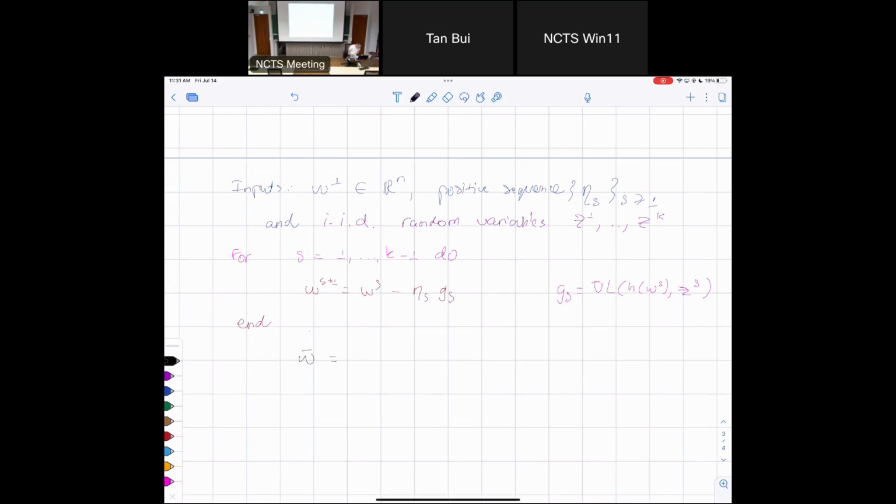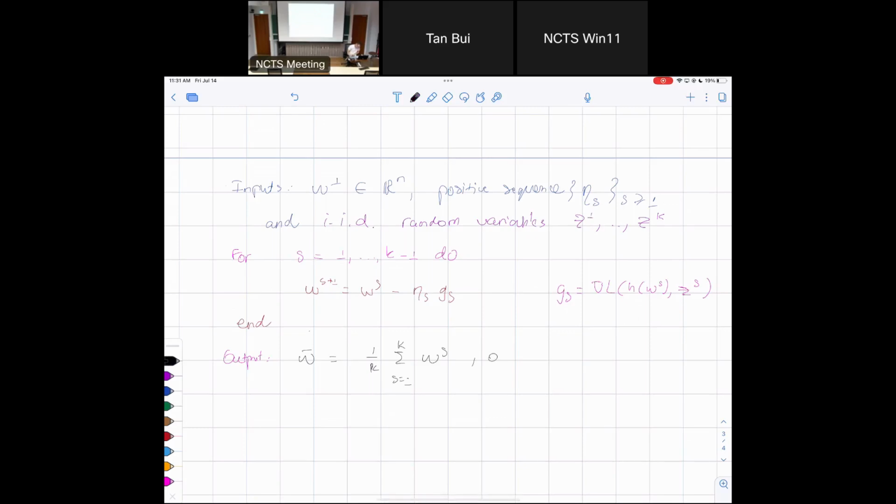This is an important step, this is our output. The output of our gradient descent is W bar, equal to 1 over K times the summation of WS from S equal to 1 to K. So we run K iterations and take the average.